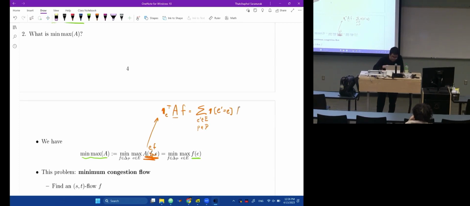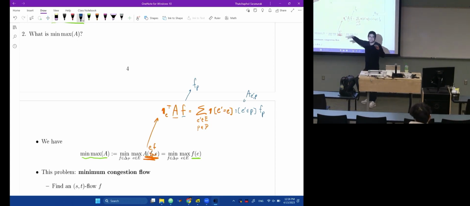It's the indicator whether an edge E prime is in the path P. This is just A of E prime P. And then F, what's the entry of FP? The flow F is just a collection of paths. This is the value of the flow along this path P.